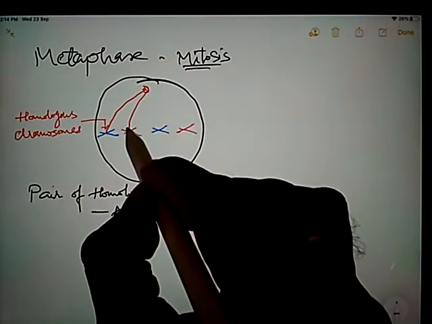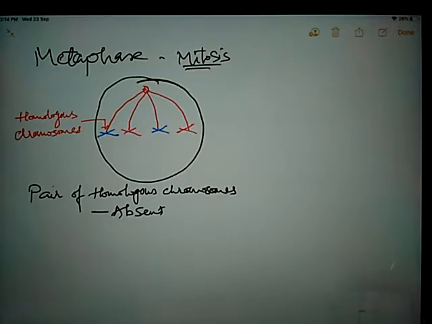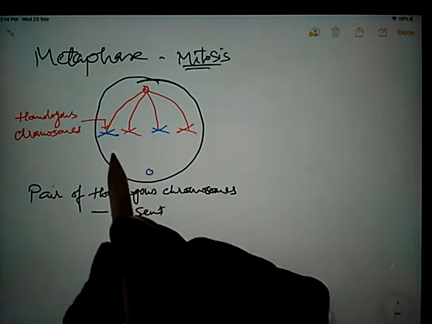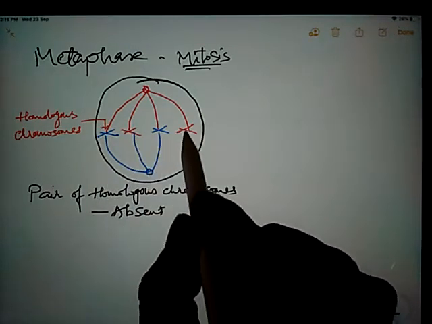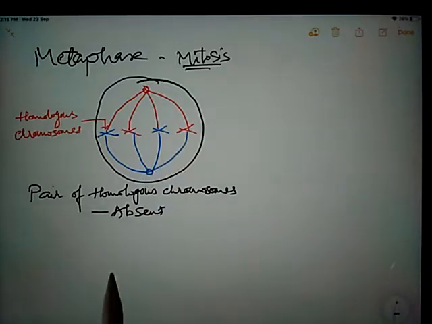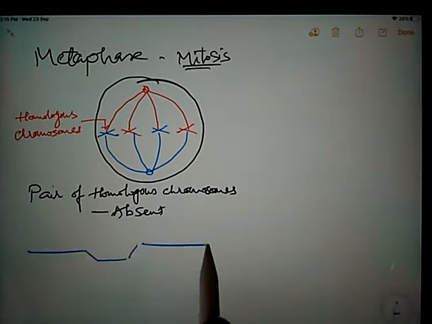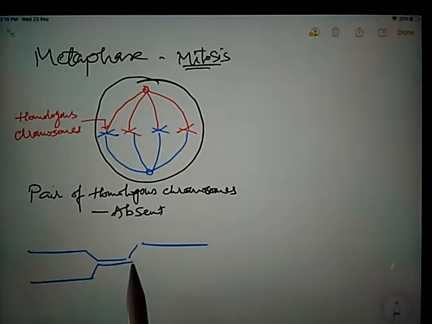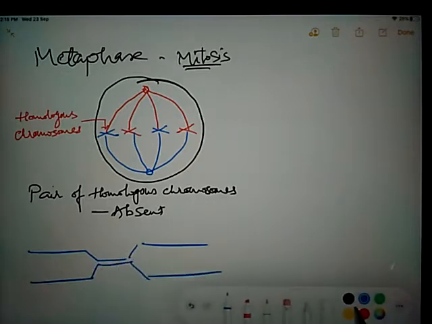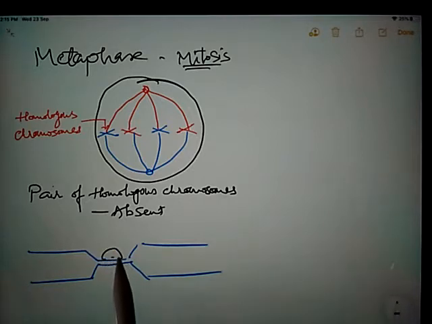Due to that, the spindle fibers are arranged in such a way that a single chromosome is joined with spindle fibers at both ends.